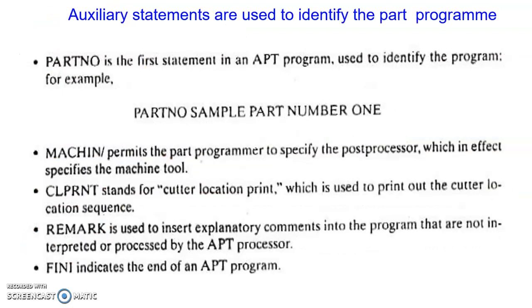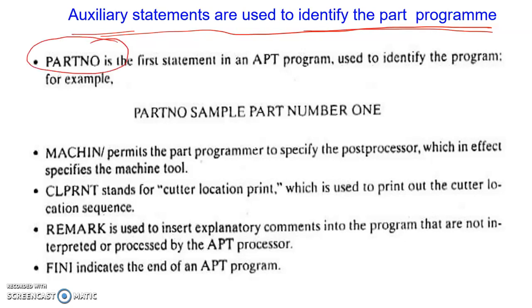And finally the discussion on auxiliary statements. The auxiliary statements are generally used for identifying the part program. This is the part number, that is the first statement. Part number means it is the program number. Sample plot part number 1 means this will be appearing on the screen.